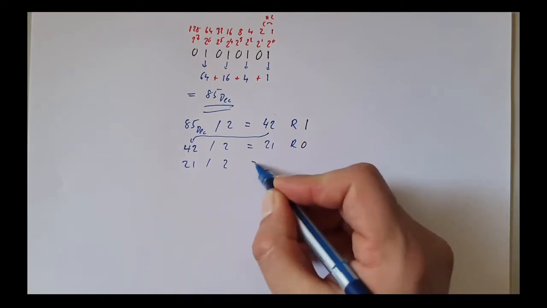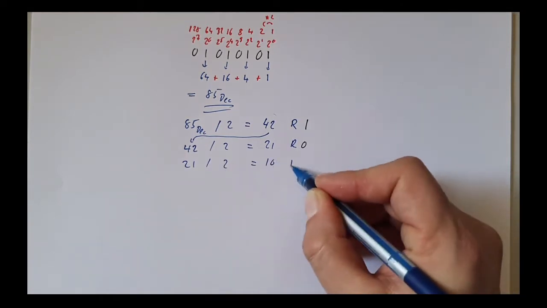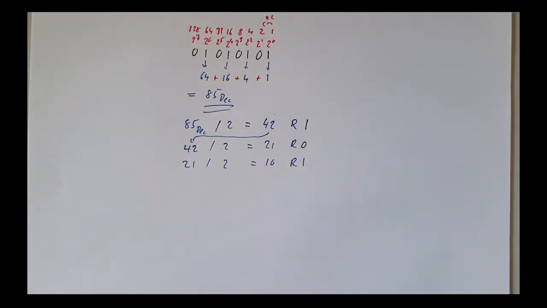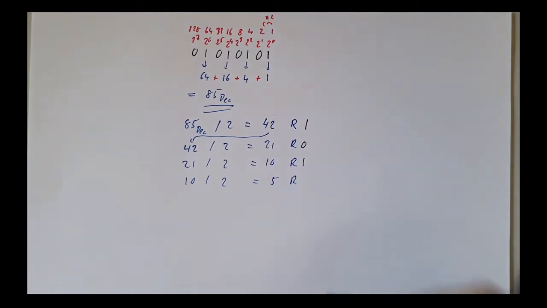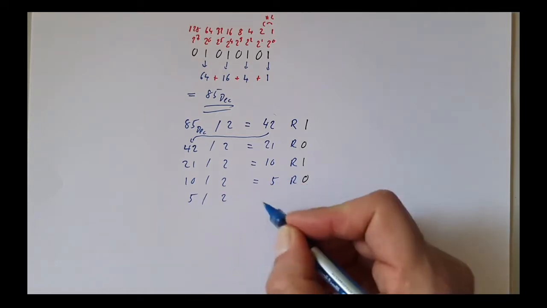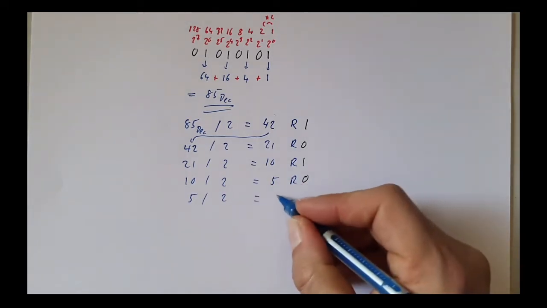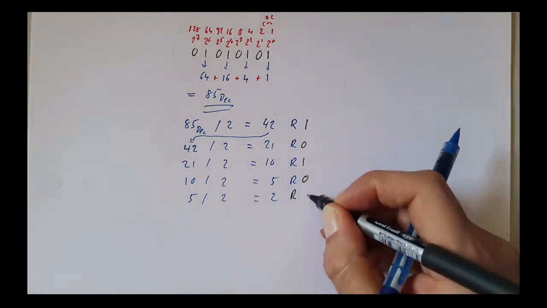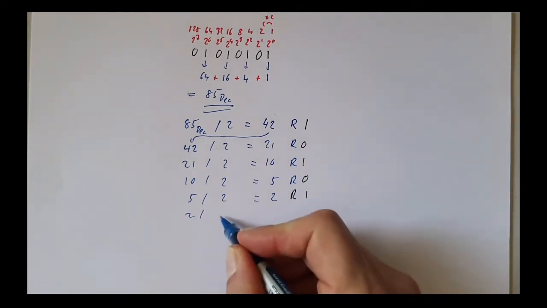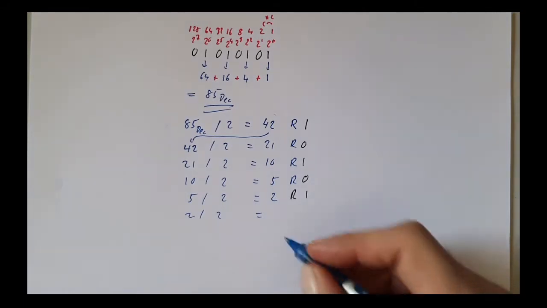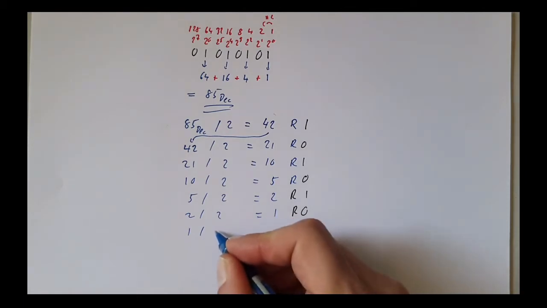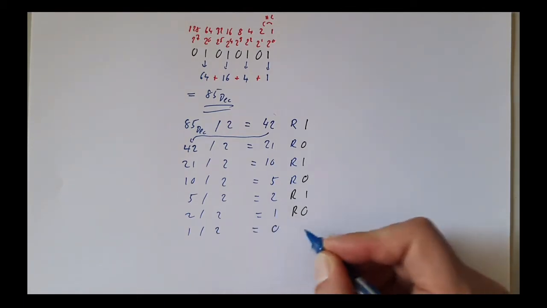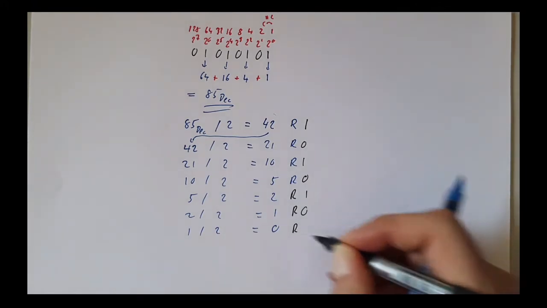21 is 10, rest 1. 10 divided by 2 is 5, rest 0. 5 divided by 2 is 2, rest 1. And 2 divided by 2 is 1, rest 0. And 1 divided by 2 is 0, rest 1.